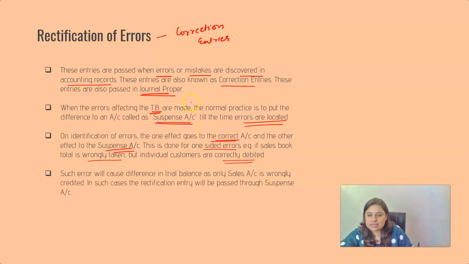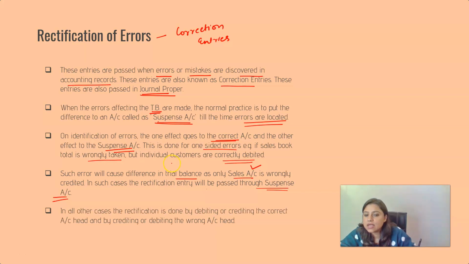Continuing with the example, the sales total is wrongly taken, so that error causes a difference in the trial balance, as only the sales account is wrongly credited. Once it is identified that only a one-sided error has been made, the rectification entry will be passed through the suspense account, and the amount taken from the suspense account would be transferred to the sales account.